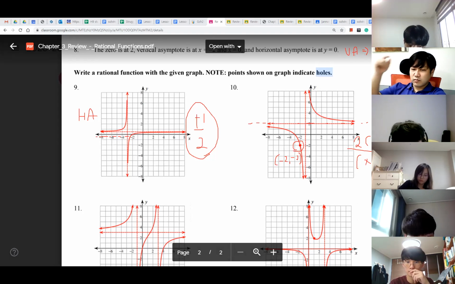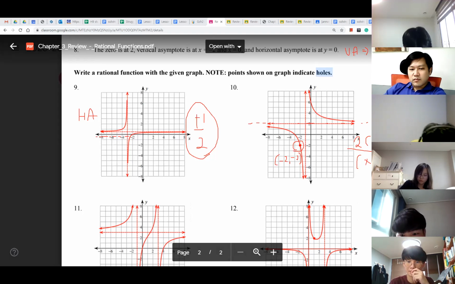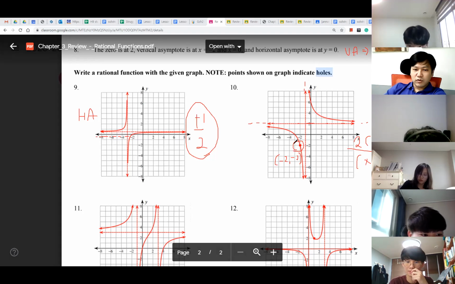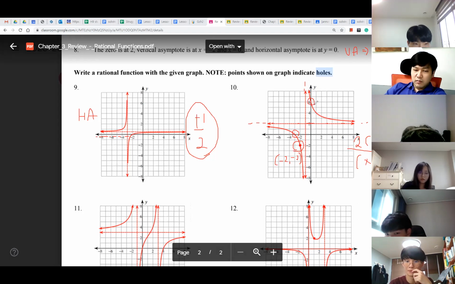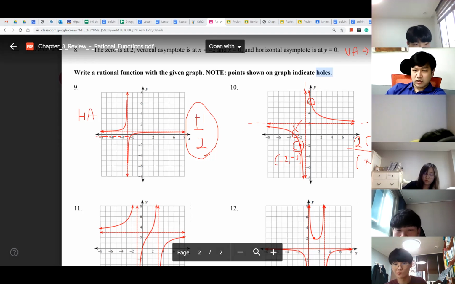Okay, let's go to Brandon. So we have the vertical asymptote, the horizontal asymptote, the hole, and there's more hints. The intercepts. Which intercept? X-intercept, Y-intercept. Aren't there both? Yes, there's an x-intercept here and the y-intercept here, but we want the x-intercept first because it's easier to make the function.